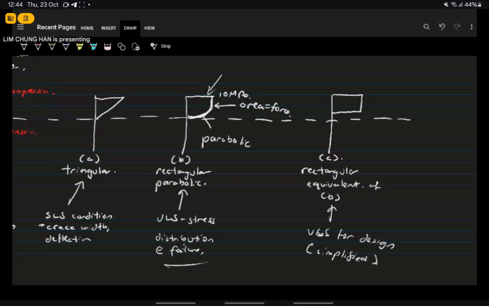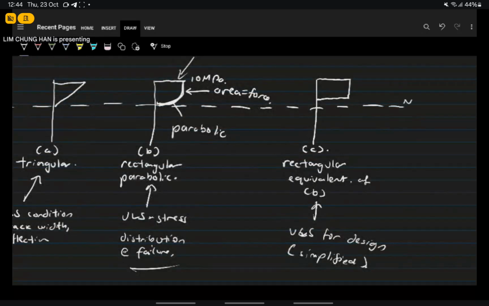But it's now smaller, because they take some of the area below and move it to the top. Then they optimize everything into basically a rectangle. Okay, so this is the neutral axis.